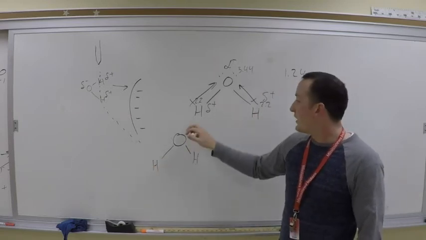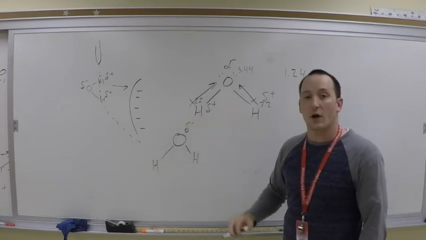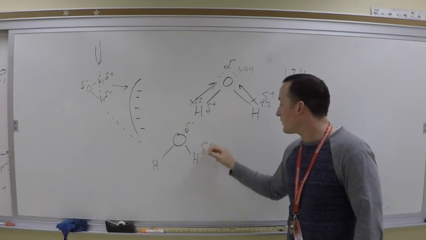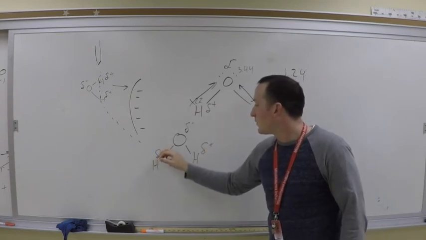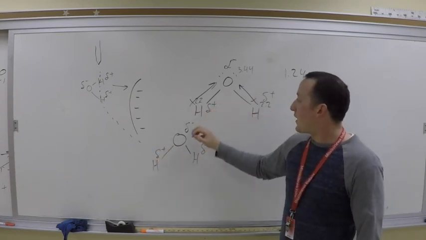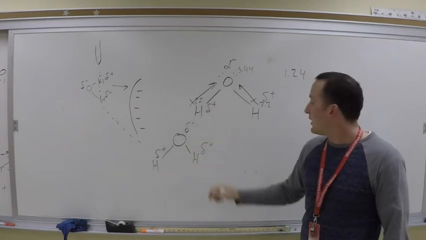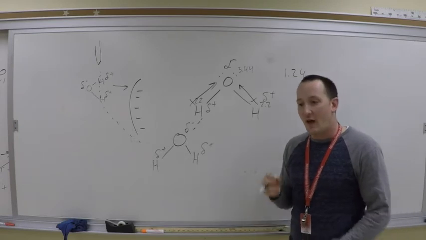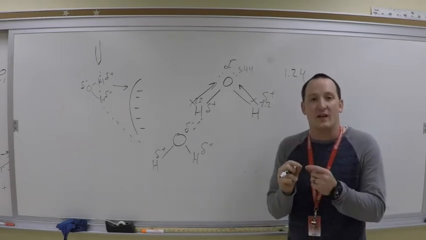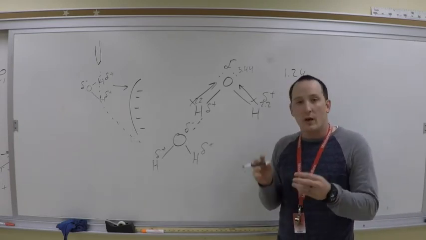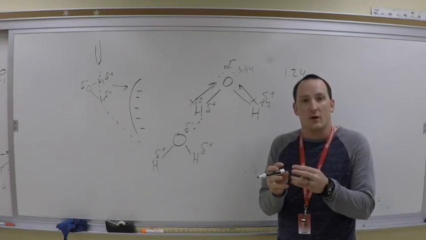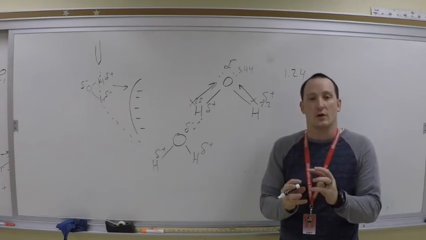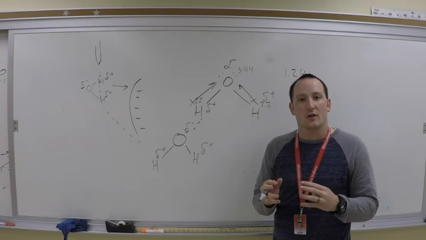Well, this side of the water molecule is partially negative, right? And these sides are partially positive. Notice how I now have a positive and a negative really close to each other. There's going to be an attraction there. What that means is every water molecule is almost like a tiny little magnet. So when a bunch of water molecules get close together, they start to attract to each other. They kind of stick together.